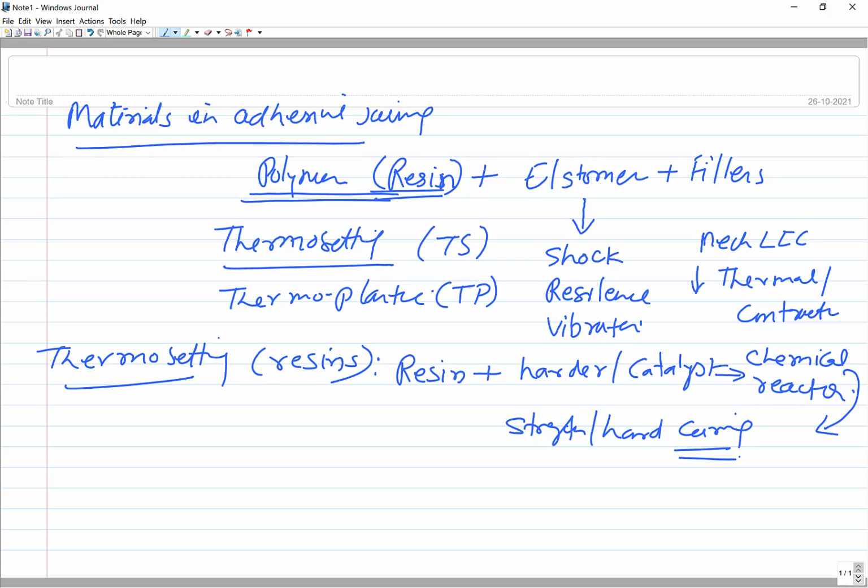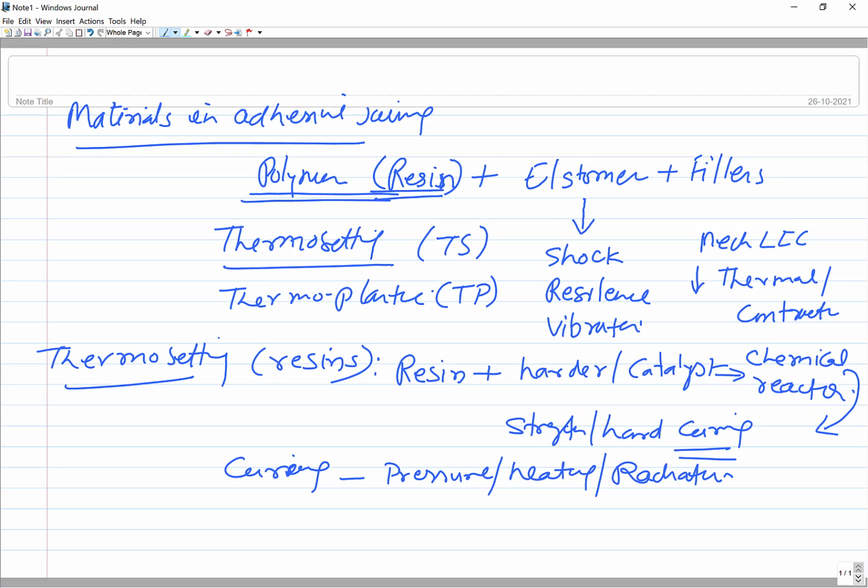So we can say curing is facilitating these chemical reactions leading to the development of the desired strength. This curing is facilitated or accelerated by the application of pressure, heat, or some kind of radiation.